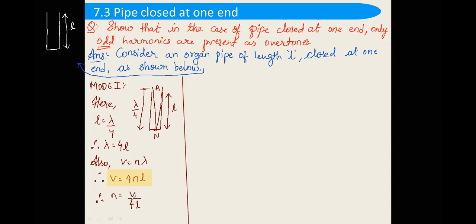Now it is closed at one end, that's why we are getting V by 4L. Okay, so this is, suppose, equation number 1. So we can say this is the fundamental frequency and first harmonic.